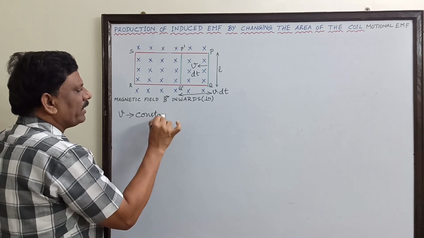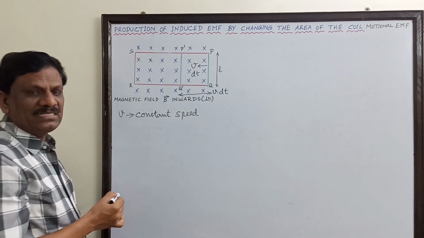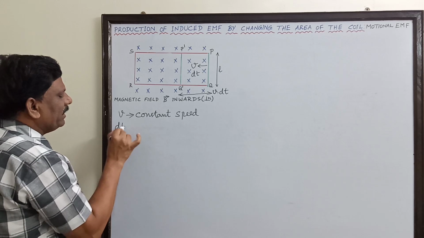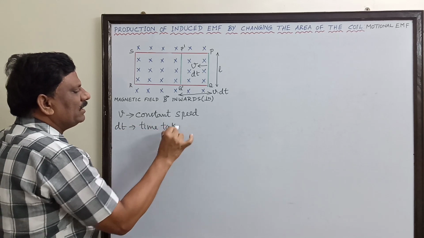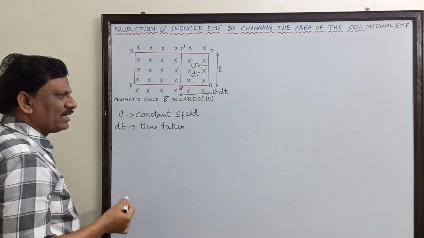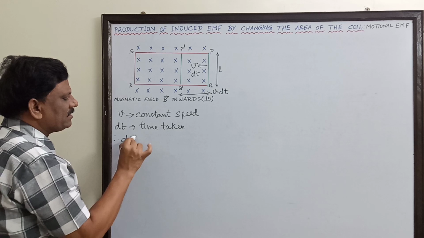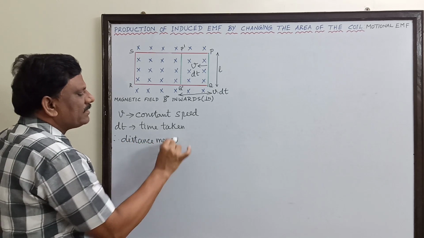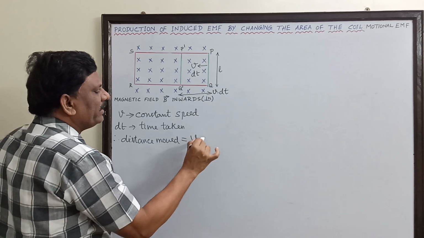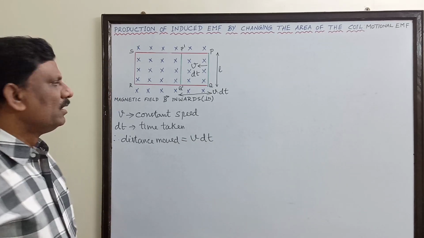So I can also write constant speed, or constant velocity, and dt is the time taken during which the portion PQ has moved towards the left. Therefore the distance moved is equal to V into dt.